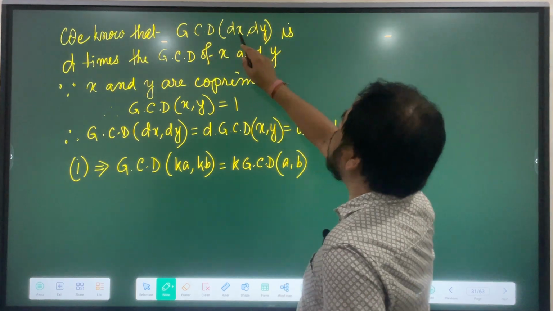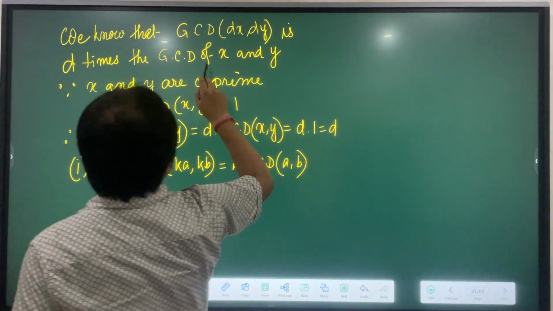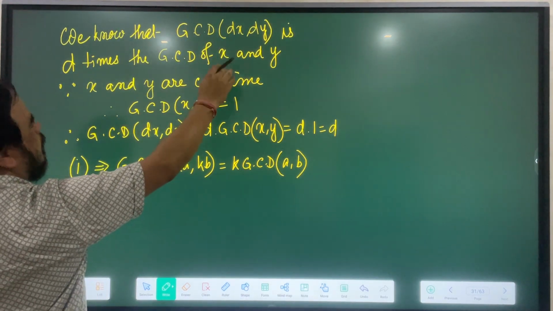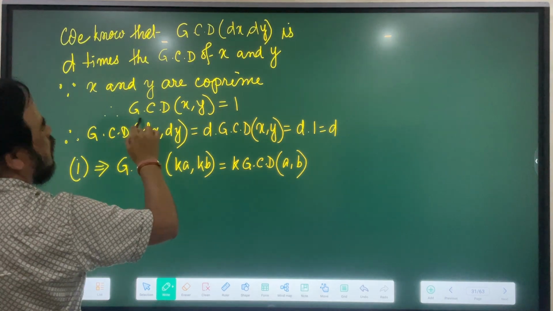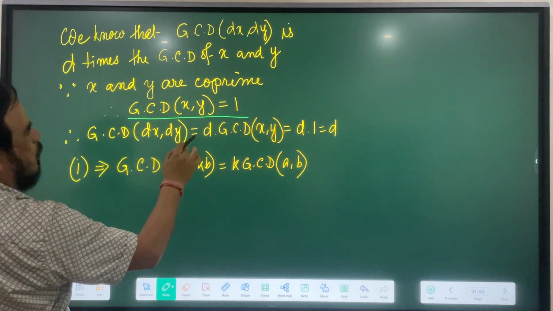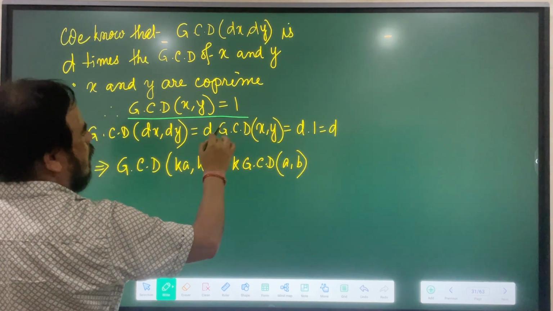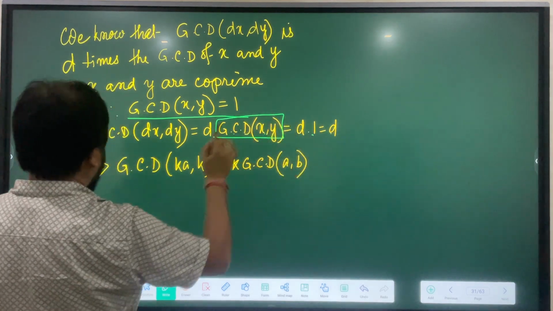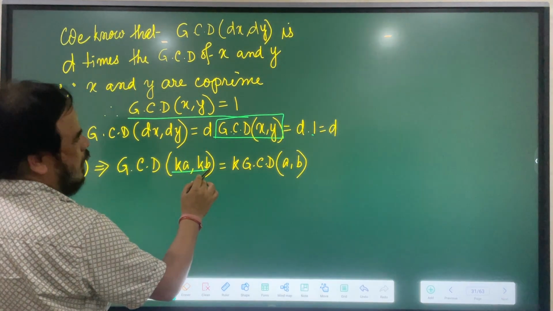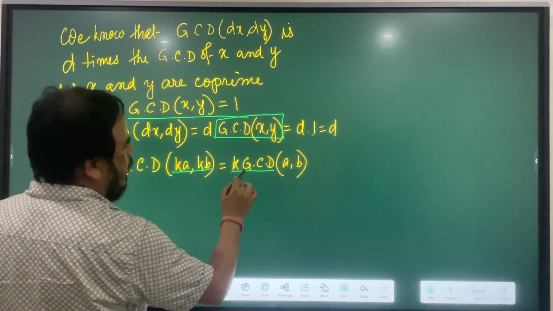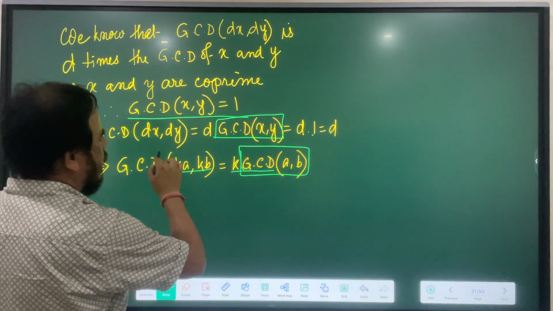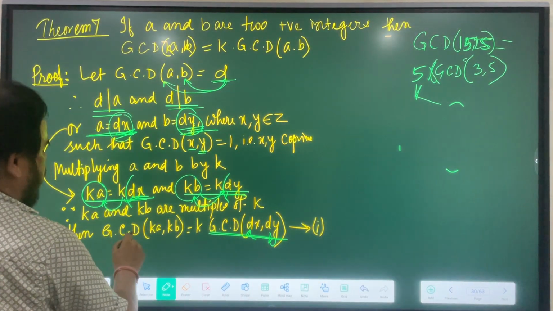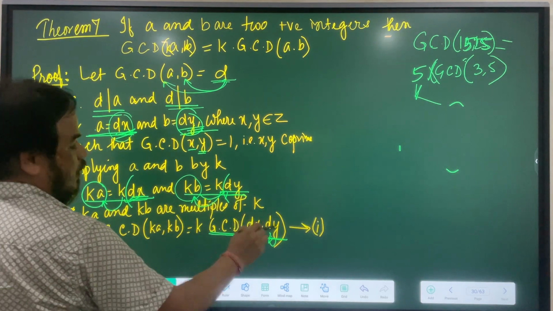Now we know that GCD of dx, dy is d times the GCD of x and y. We have got this one. X and y are co-prime, so GCD of x, y equals 1. So GCD of dx, dy equals d into GCD of x, y. GCD of x, y is 1, so d into 1 is d. So GCD of KA, KB is equal to K into GCD of dx, dy.